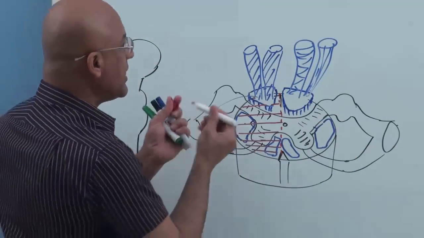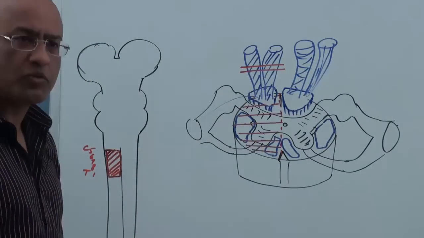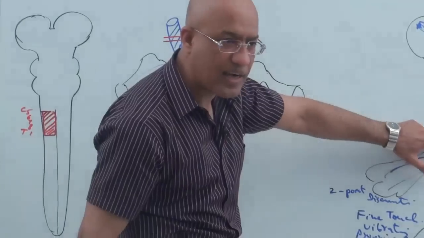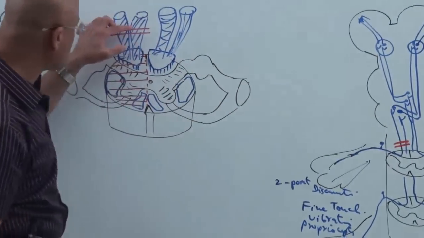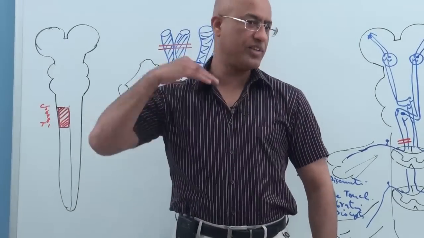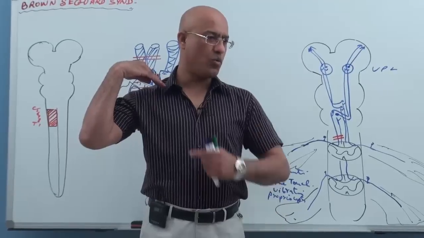Now, very simple thing. If you make a cut here, what will happen? It's very simple. If a cut has been made here, then ipsilaterally these columns are taking information from the same side. Let's suppose a right hemisection is done here. What will happen?